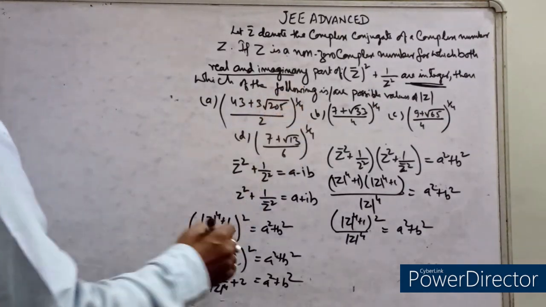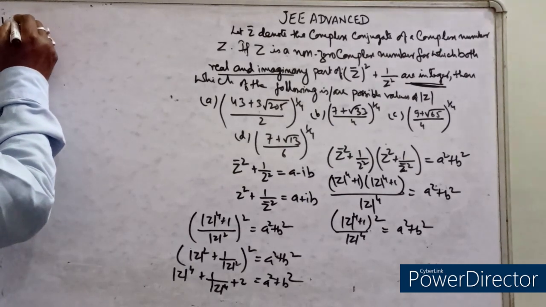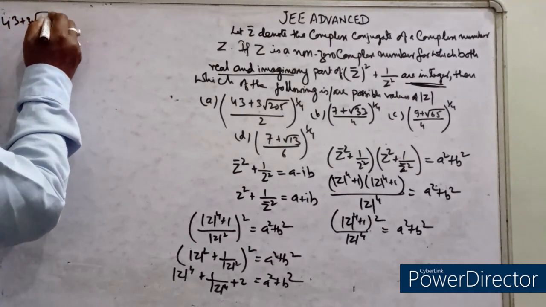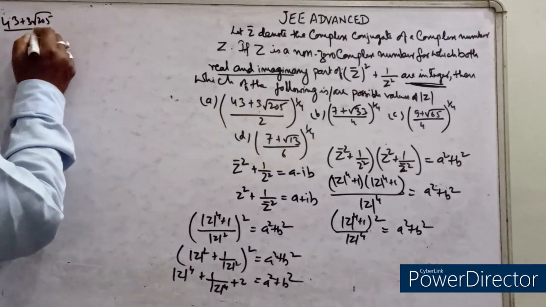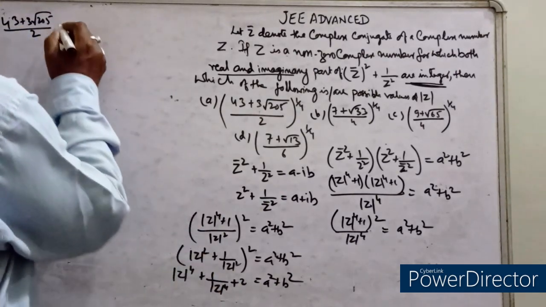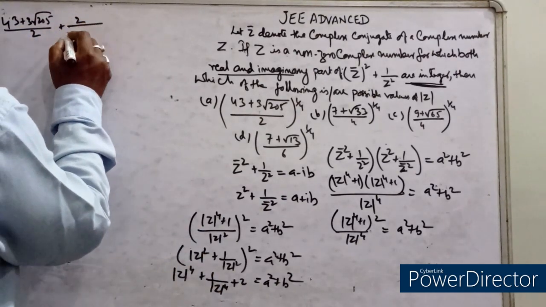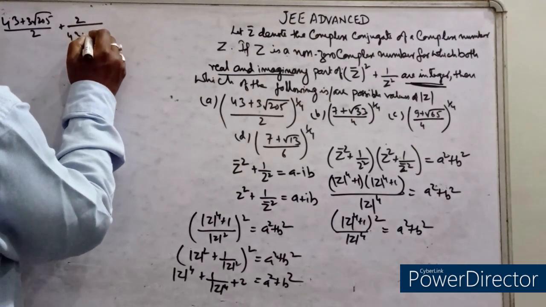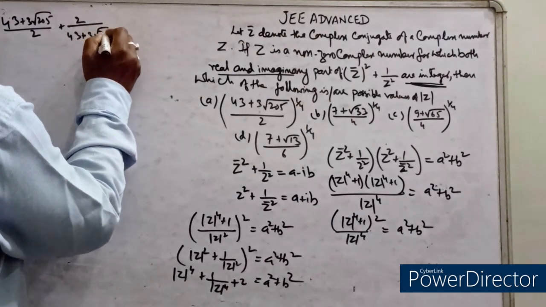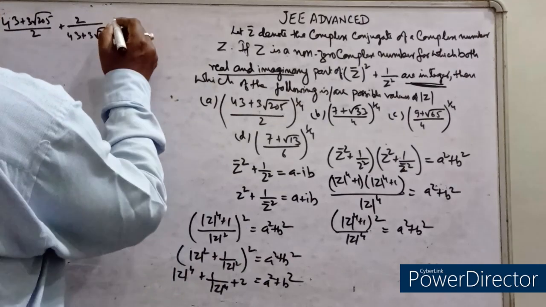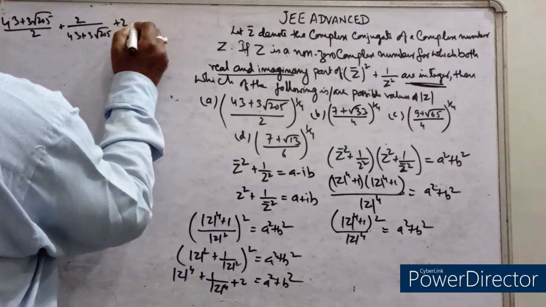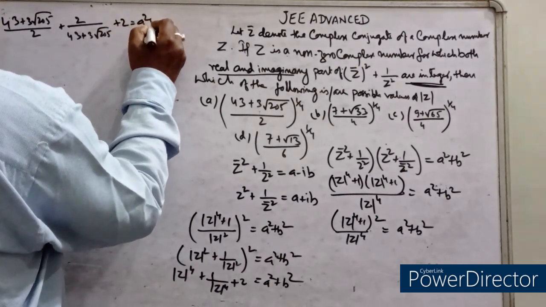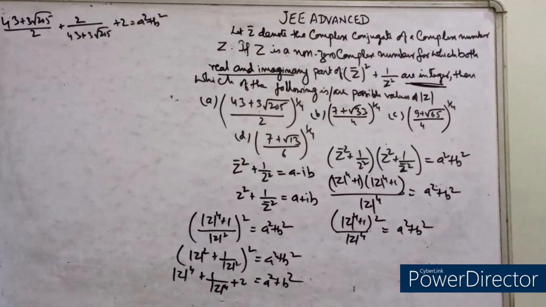Z, so 1 by 4 cancels out. So 43 plus 3√205 by 2, and this is the inverse. So 2 by 43 plus 3√205, and plus 2 is equal to A square plus B square.